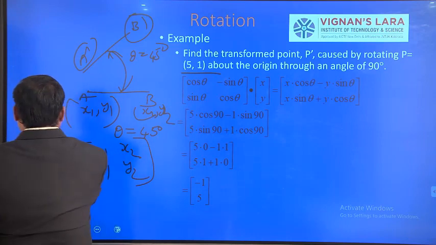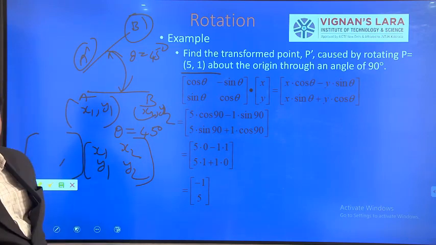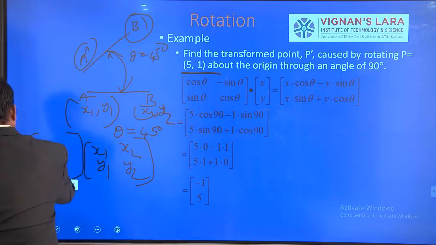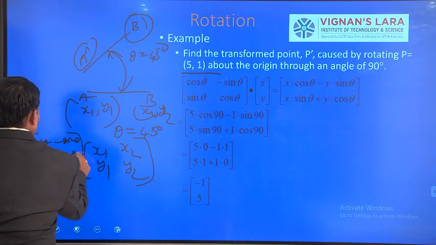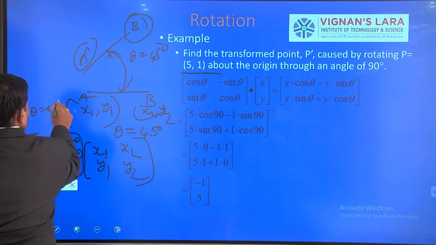Next, we multiply this matrix by the R matrix, because this transformation is rotation. R is cos theta, minus sin theta, sin theta, cos theta, where theta equal to 45 degrees.